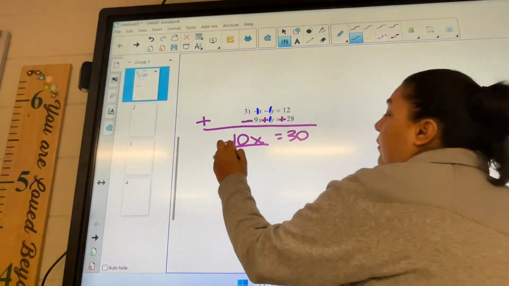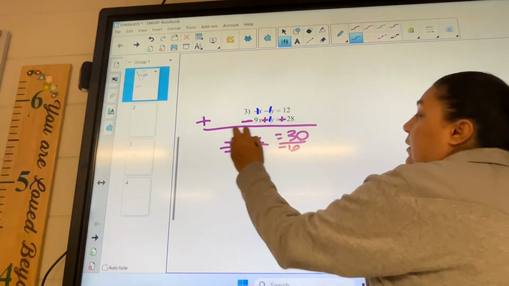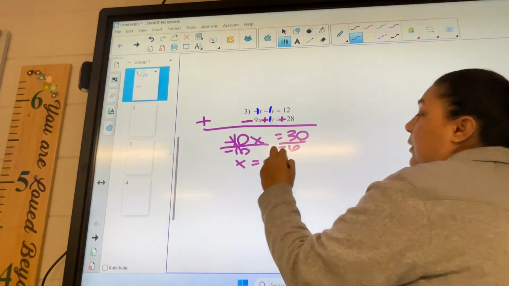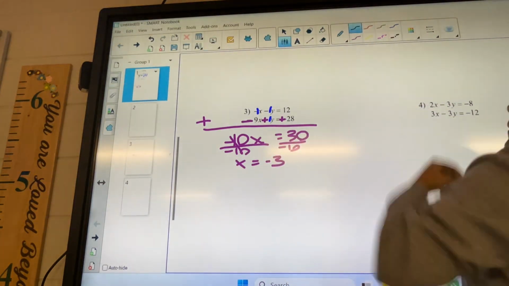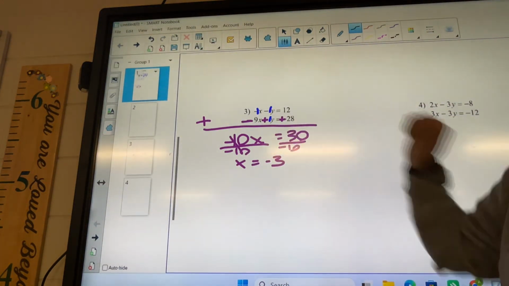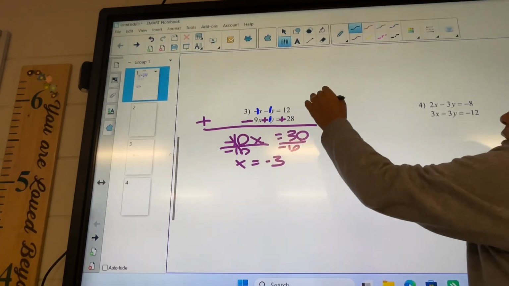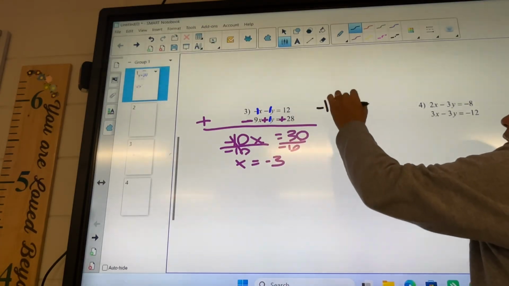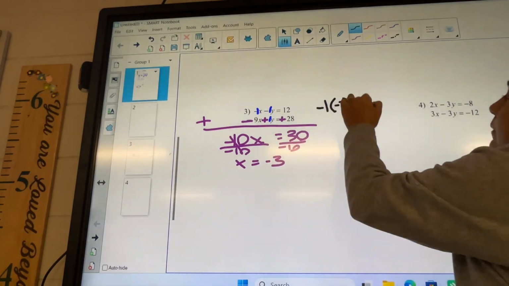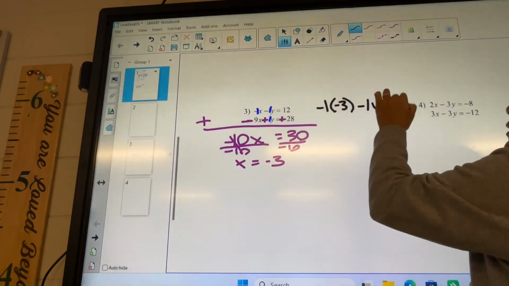Okay, and then we're going to divide by negative 10 on both sides. So we get x equals negative 3. Okay, and then I'm going to go back through and plug that into the top one. So I got negative 1 parenthesis negative 3 minus 1y equals 12.